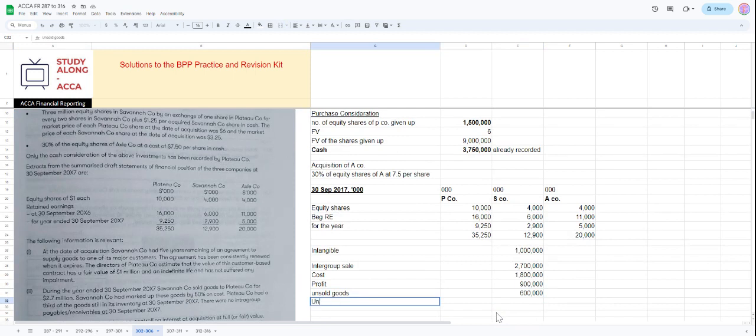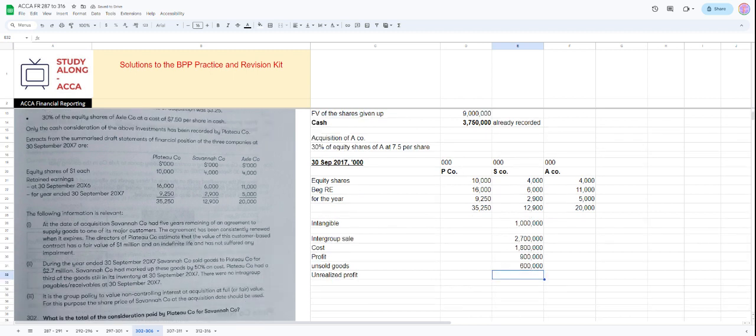So there is definitely unrealized profit as well. So how much is the unrealized? If the cost is 1.8, the profit is 900,000. The unsold goods are 600,000, and this is at selling price, with a 50% markup on cost.